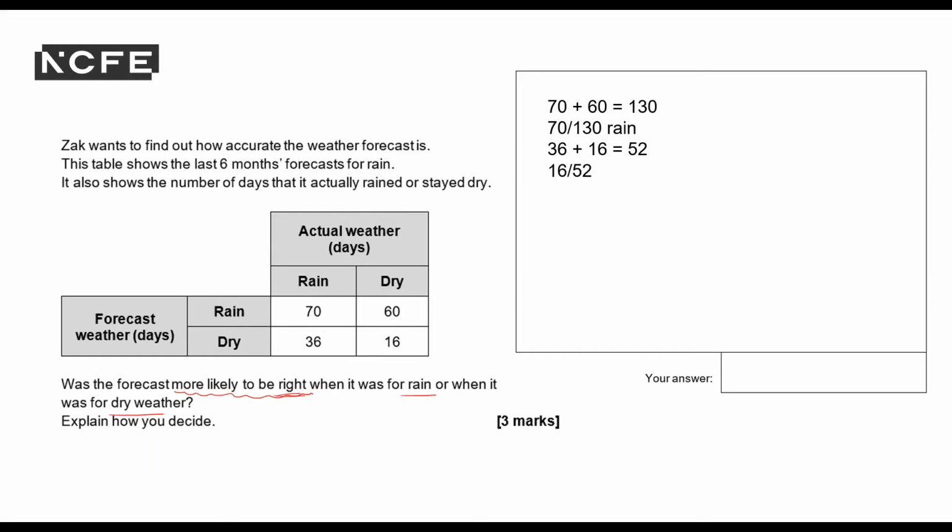Well, I've got them both, but that doesn't necessarily help me because I'm comparing 16 out of 52 with 70 out of 130. I've basically got two fractions there and I need to make the denominator the same. If I can work out what the lowest common denominator is, that will be helpful.